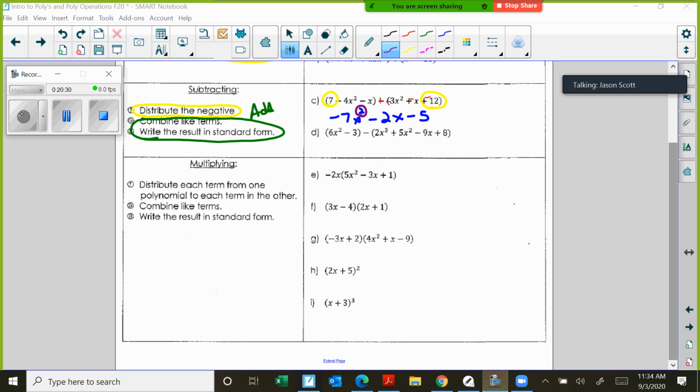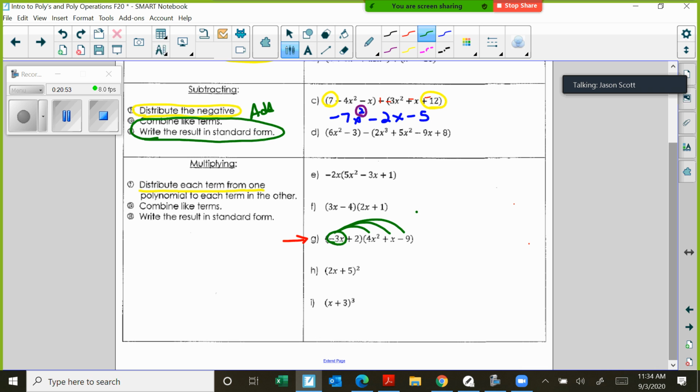All right. So in multiplication, you want to make sure you distribute. Let's distribute every term from one into every term of the other. So on this G problem, we're going to take the negative 3 and distribute it to 3 different terms.